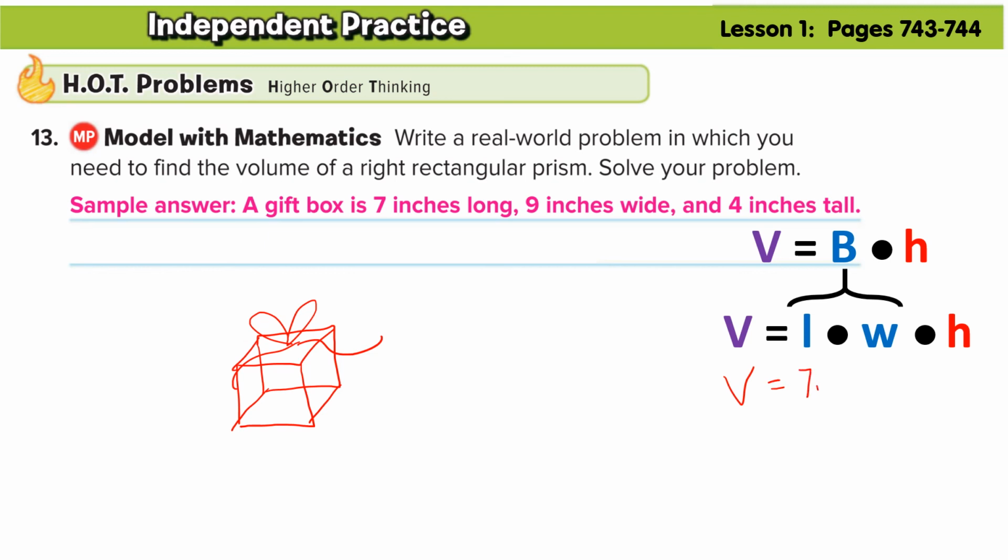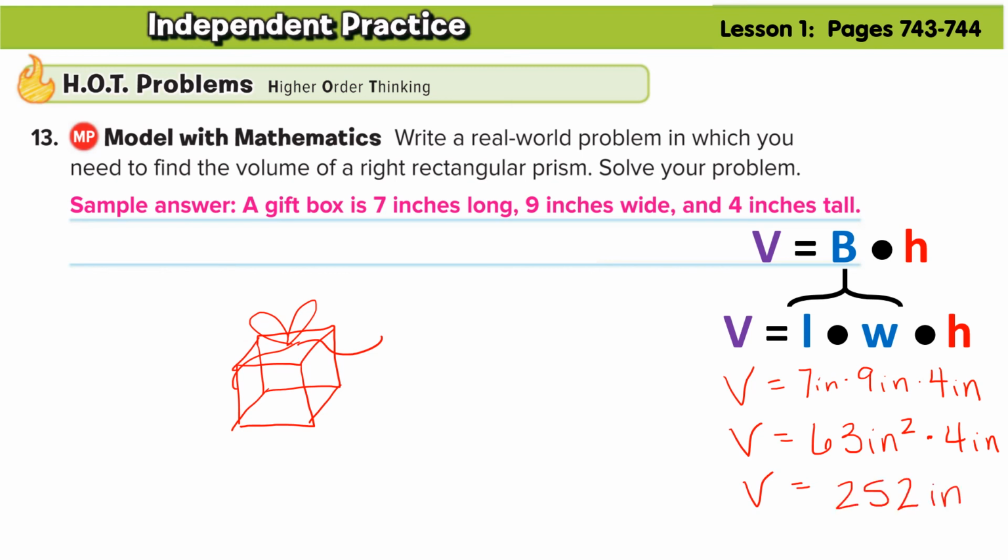It's 7 inches times 9 inches times 4 inches. So the volume equals 63 inches squared times 4 inches. So the volume equals 252 inches cubed. What is the volume of the gift box? 252 inches cubed.